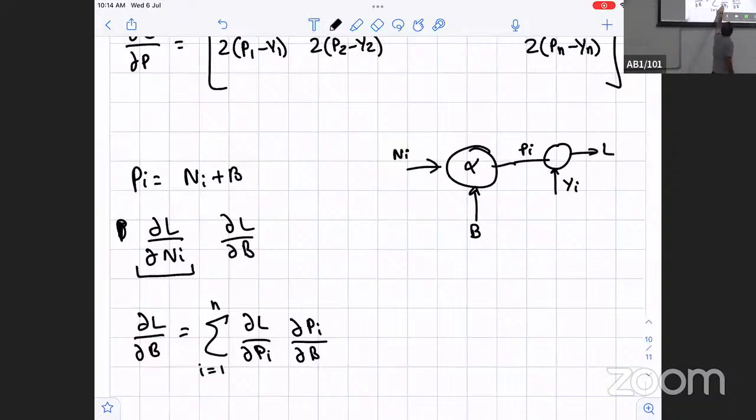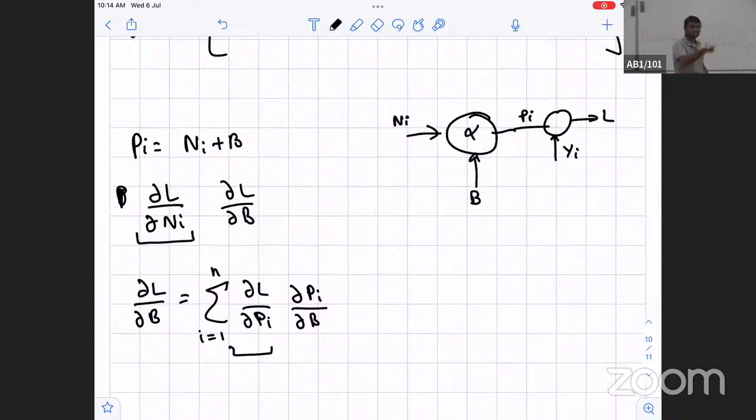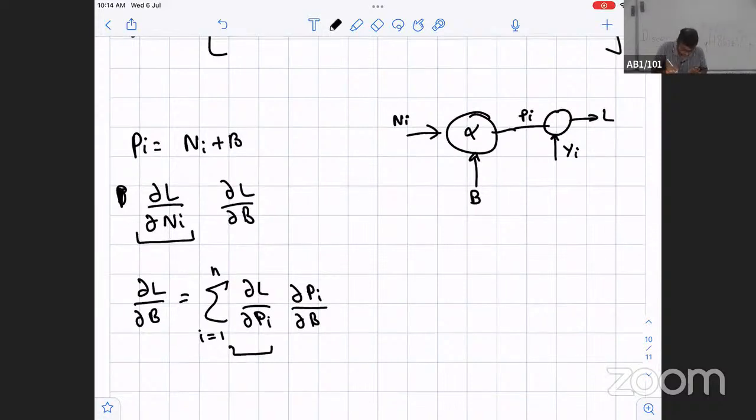And then I'm seeing how much the loss is changing when pi is changing. So how do I know this first one? I just calculated it from the previous stage. It is the input to this stage, right? So can you all tell me what this is equal to? What is dpi by db? Look at that expression and tell me. 1, right?